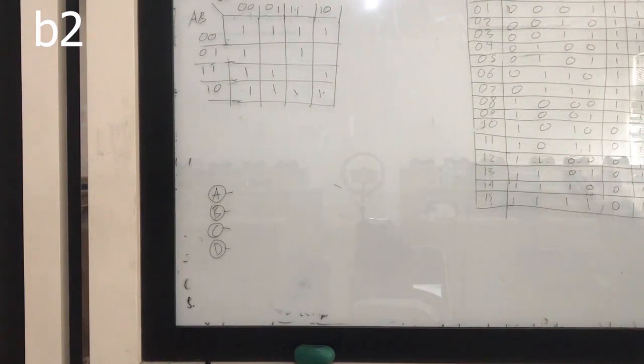B inverse should be B zero. Maybe this one. Oh yes, 1. Oh, 2. 1 2 3 4 5.